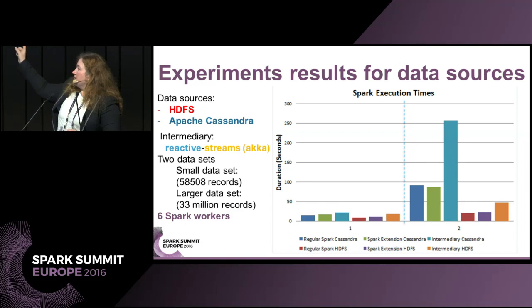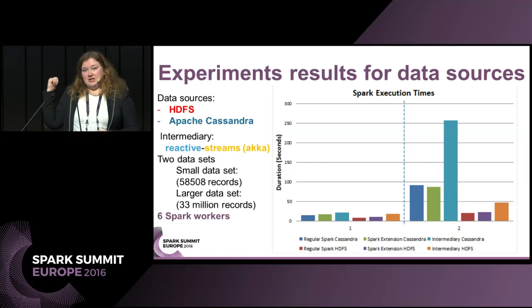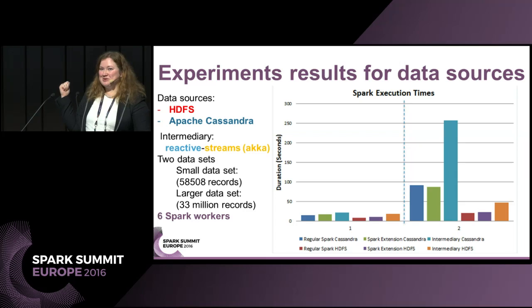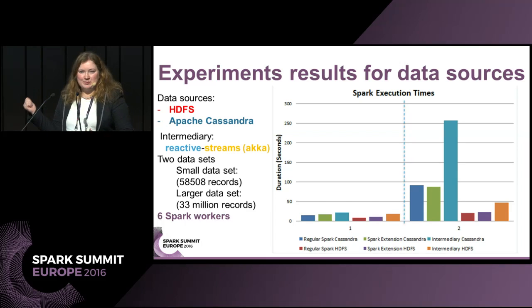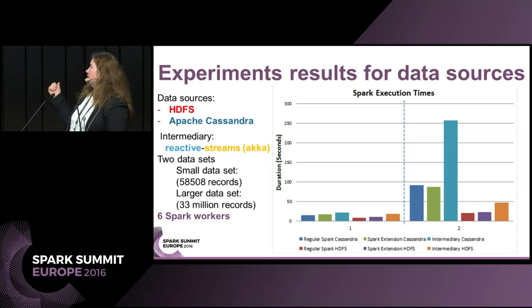The same for HDFS. The red one is regular HDFS, then the HDFS extension, and HDFS with an intermediary system. On the larger data set, you see obviously that the Spark extension actually performs better. The intermediary system adds a very big layer of intercommunication between all of them, and it takes much more time for the intermediary system to respond.